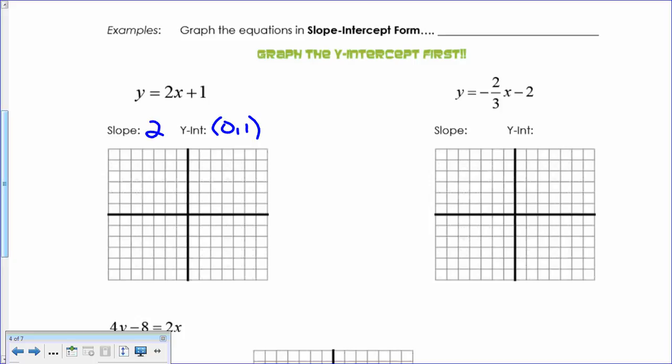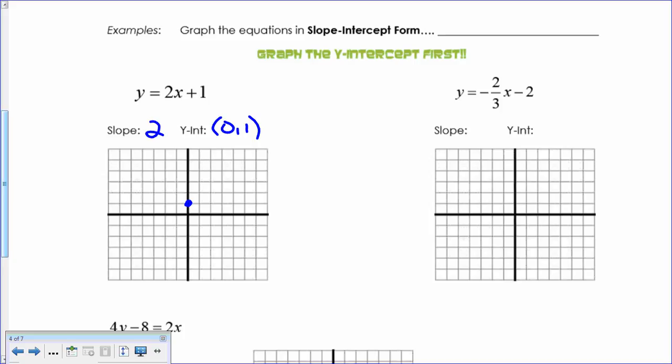Am I going up, down, left, or right? If I start here, which direction am I going? Up, right here. Okay? So that's the first point.